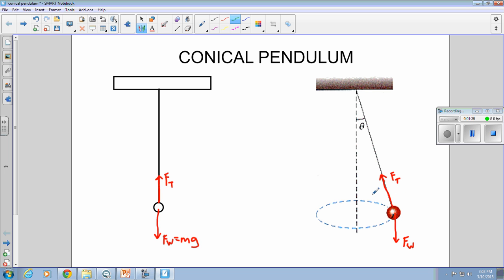In fact, force tension has a component in what we would define as the x direction, pointed inward. Force tension in the x direction that's pointed inward, and it has some component of force tension in the y direction.